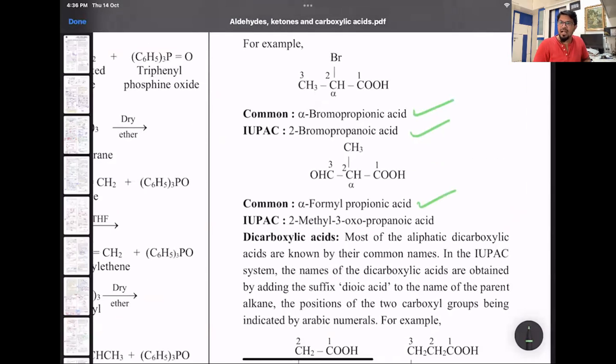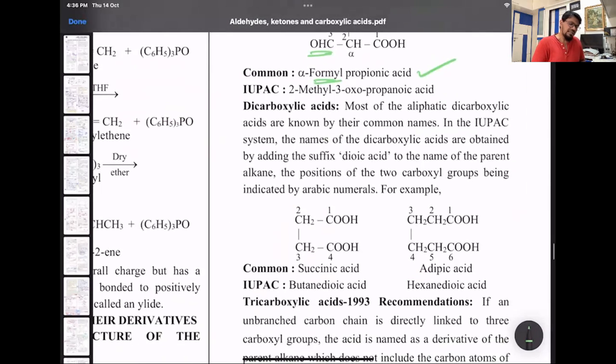When CHO is a branch, keep in mind, when I have CHO and COOH, COOH is the primary group. So CHO becomes a branch, that's called formyl. So alpha-formyl propionic acid. Dicarboxylic acids: succinic acid, adipic acid. Here we don't give the positions because the COOH groups are terminal. So succinic is butanedioic acid, adipic is hexanedioic acid.